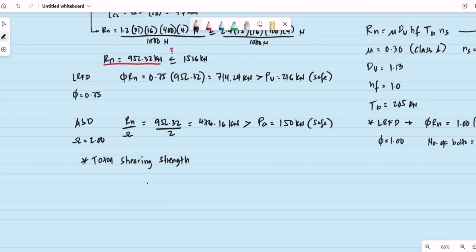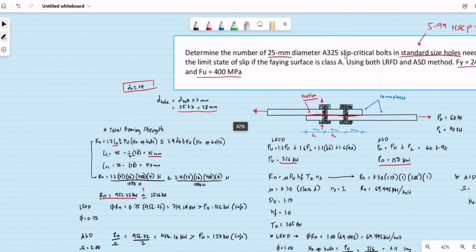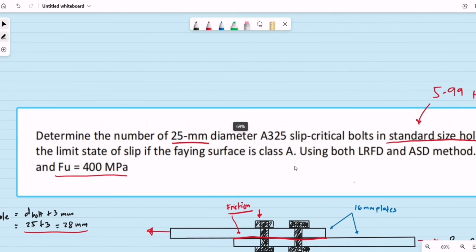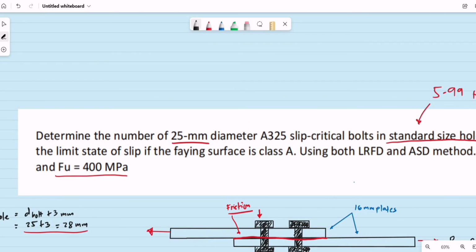For the total shearing strength, we have Rn is equal to Fnb multiplied by the area of 1 bolt. Since this is total, we are to multiply this by the number of bolts. What is the value of Fnb if we are using A325 high strength bolts?